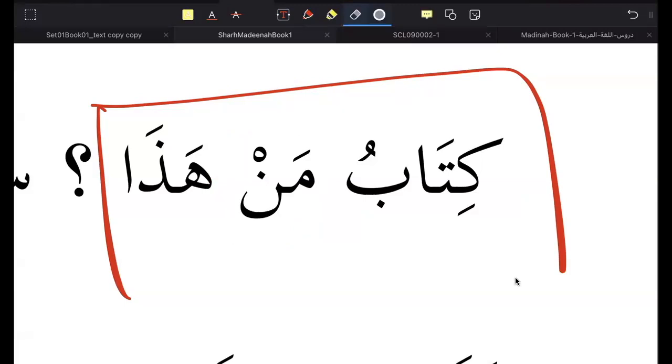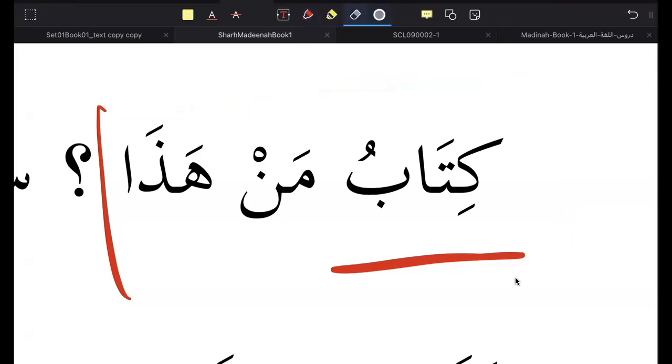So you might be confused whether this is an idafa construction or not. But what is your clue to tell you that this is in fact an idafa construction? The clue is not having a tanween. Why? I'll give you a golden rule. Remember this rule.